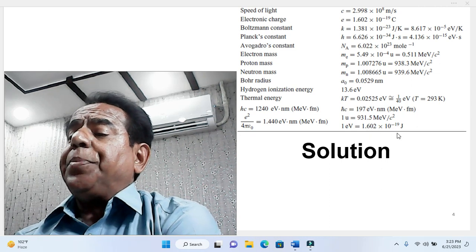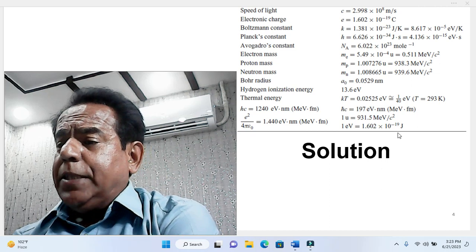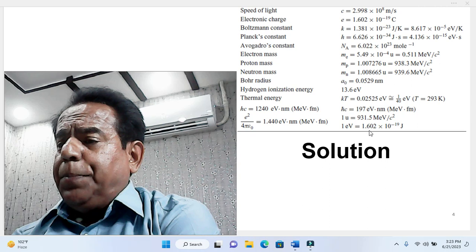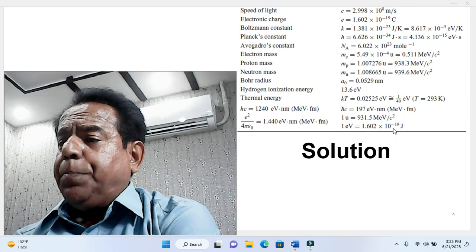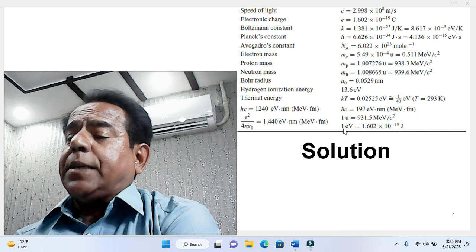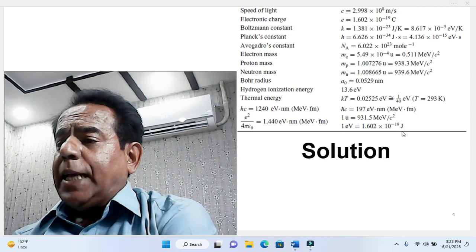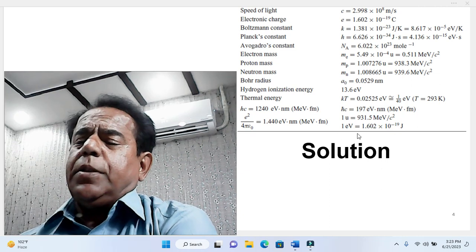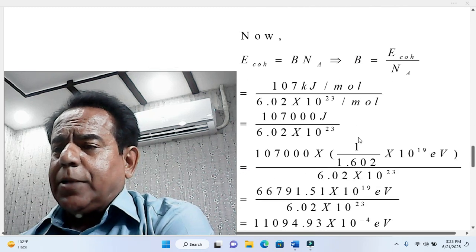From here, we have made a substitution that 1 joule will be equal to 1 divided by 1.602 into 10 raised to the power plus 19 electron volt. Okay, 1 electron volt is equal to this, then 1 joule will be equal to this over this into this. Okay, so quite simple. Now we come back to this.